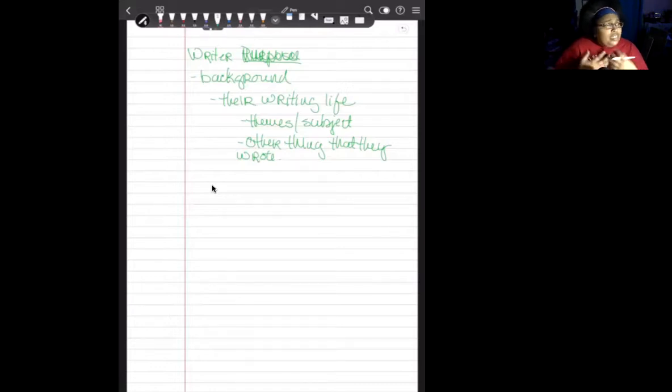For example, taking Dr. King as an example, you read Letter from Birmingham Jail as we're reading in 1302, and maybe you're looking at the essay, Where Do We Go From Here? Maybe you're not reading the entire essay, maybe you're reading a summary of the essay, and in that summary you see that he's touching on the same themes or topics or subjects, just in a different way. And so that's maybe another thing you want to look at.